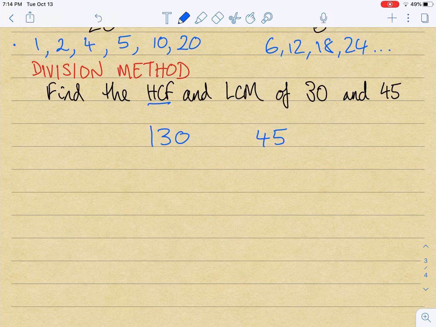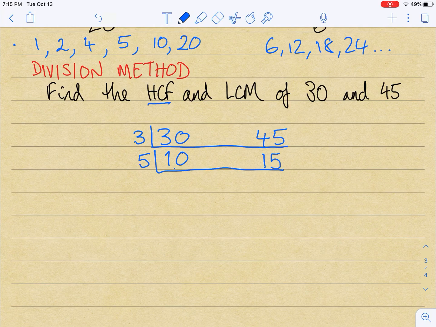Well, the division method, we're going to divide them both by the same number. So what goes into both of them? Well, I recognise that 3 divides into both of these. 3's into 30 are 10, and 3's into 45 go 15. Then I need to see if there's anything that divides into 10 and 15. Well, I know 5 goes into both of those.